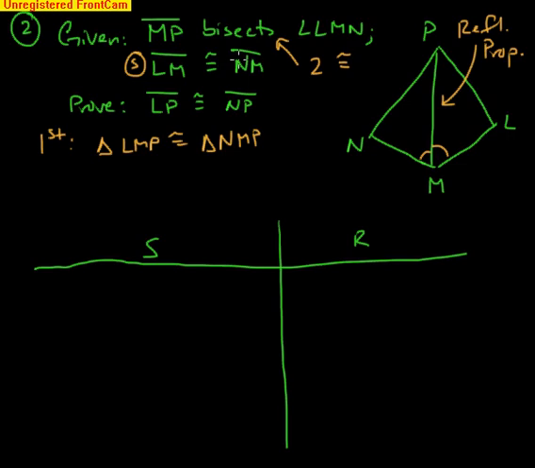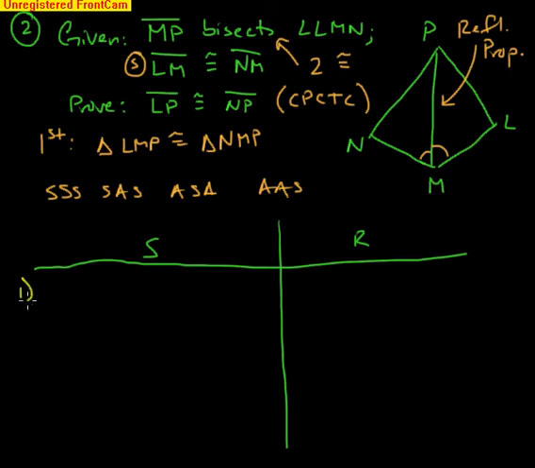If we look at the parts, LM and NM are corresponding. LP and NP are corresponding. We need to prove these two triangles congruent first by using side, side, side, or side, angle, side, or angle, side, angle, or angle, angle, side. Once we have proven the triangles are congruent, we can then use CPCTC to prove that those parts, those sides, are congruent.